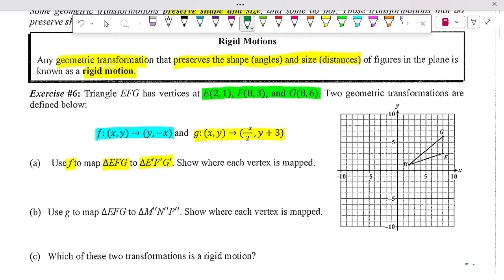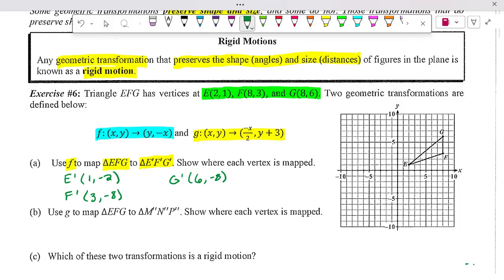All right. So what happens in the blue function? Flip the X and Y and X becomes negative. So E prime is now what? If I look at E, so I start with 2, 1, what's my new point? -1, -2. F prime would be what? 3, -8. And G prime would be what? 6, -8. Good.